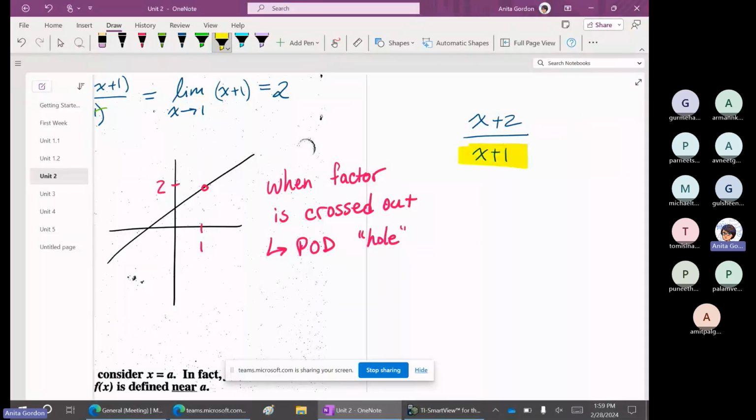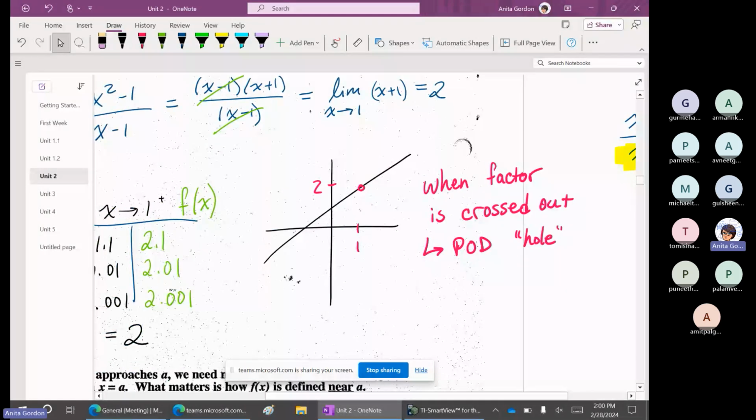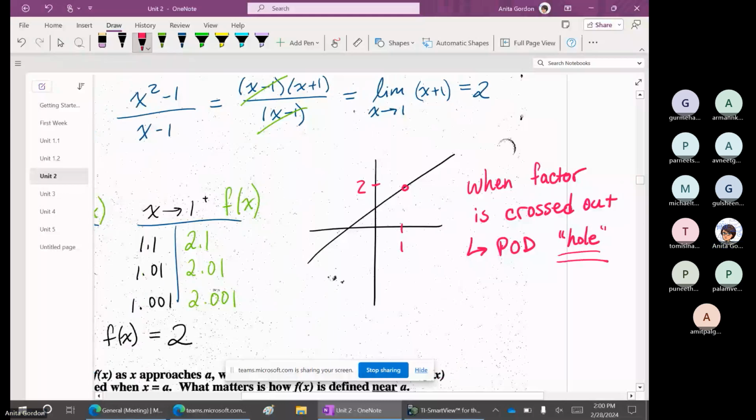So because I can't cancel out the bottom tells me that I have a vertical asymptote where x equals -1. If you have a factor in the denominator that cannot be crossed out, then this represents a vertical asymptote. If you have a factor that can be crossed out, then you have a hole.